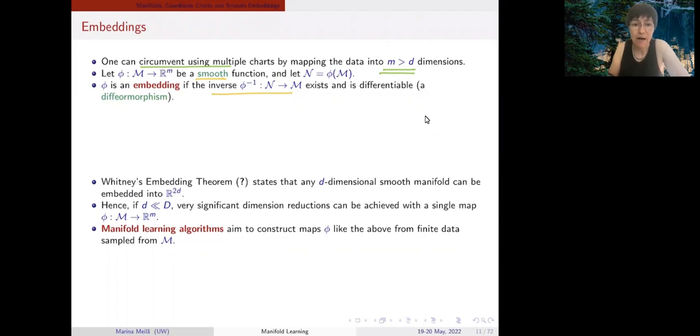Then we have a one-to-one correspondence between the original manifold and its image through phi, but its image through phi is in m dimensions. So we have effectively changed the space from the original R^D to R^m.